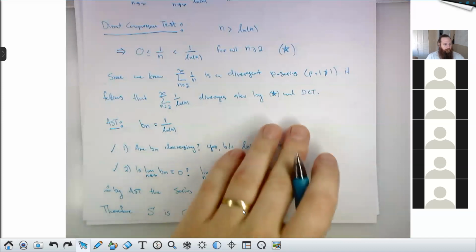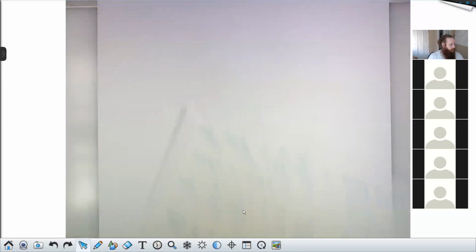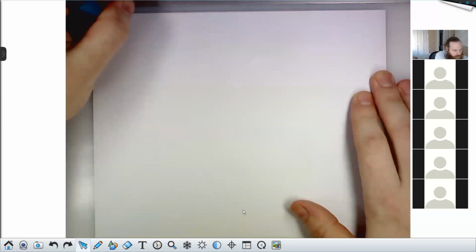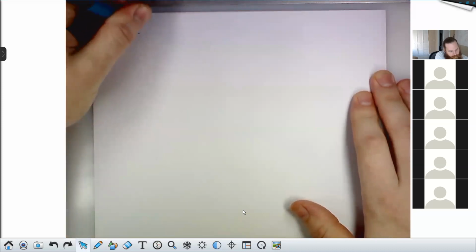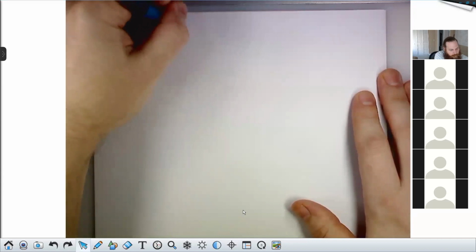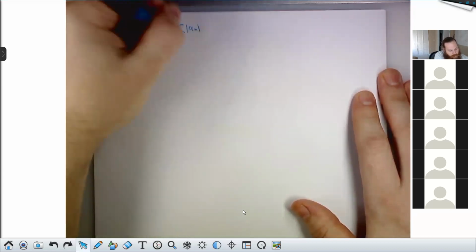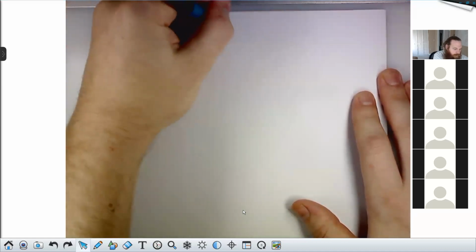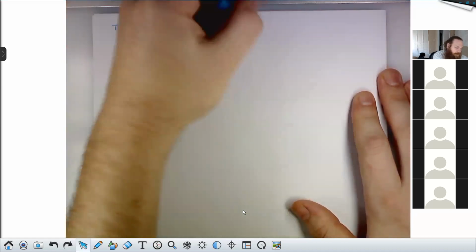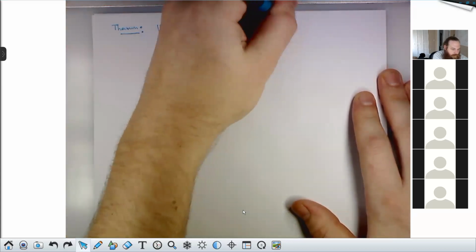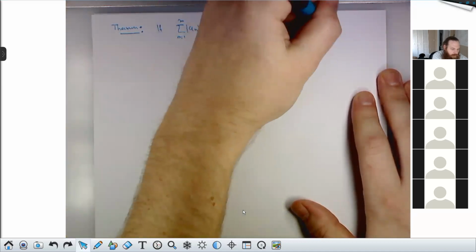it is time for a theorem. And you might be able to smell this one coming. It doesn't have a name, but it just says if sigma of the absolute value of an converges, and again, the sum here could be from anywhere to infinity, then the regular series sigma an converges.